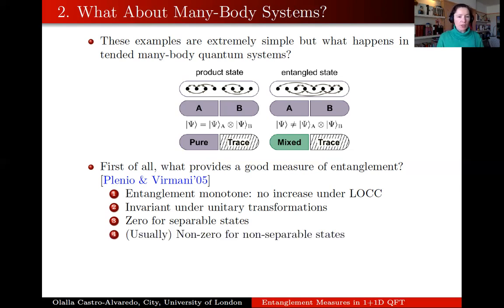And then there is a last feature, which is usually, in brackets, that it should be non-zero if the state is non-separable. You might ask why we write the brackets there. I guess you would expect that if there is entanglement, the entanglement measure should not give zero. However, interestingly, there are entanglement measures that can still give zero, even if the state is not purely factorized.